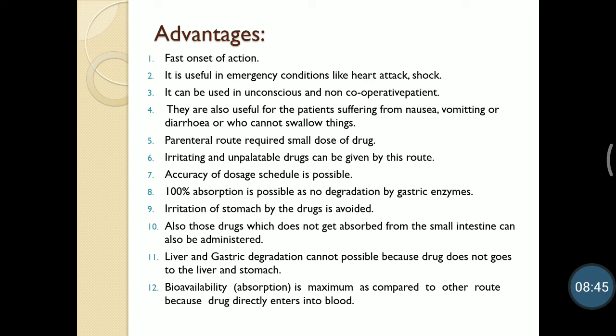Irritation of the stomach can be avoided, and drugs which are not absorbed in the small intestine can be given by this route because the drug goes into the blood circulation directly. Gastric and liver degradation is not possible because the drug does not go to the liver and stomach, and bioavailability is maximum as compared to other routes because the drug directly enters the blood circulation.